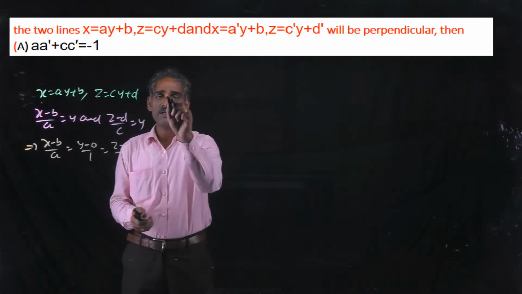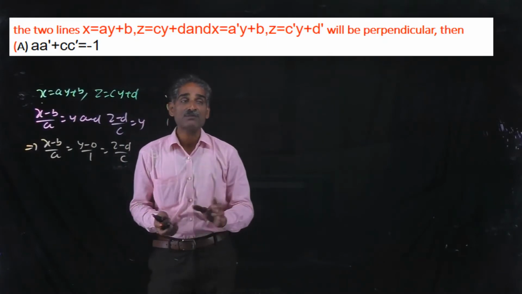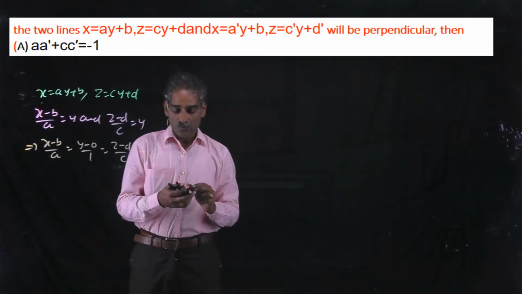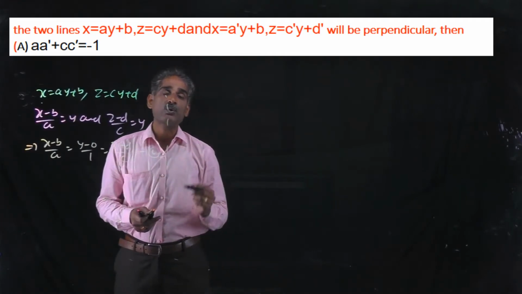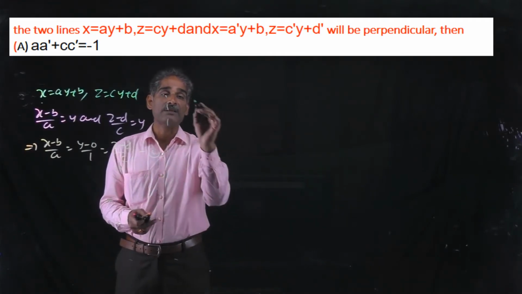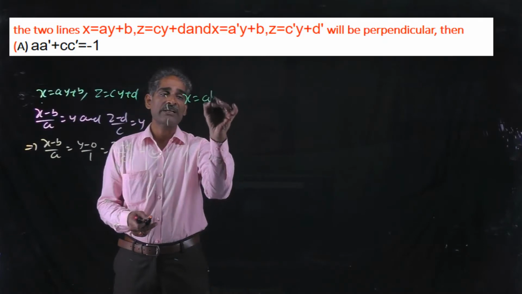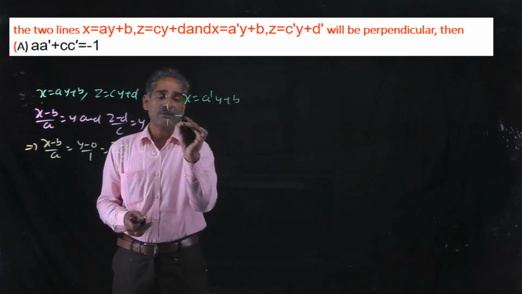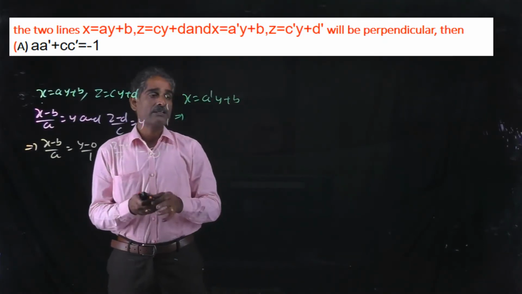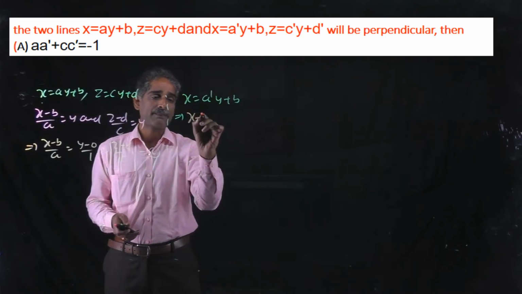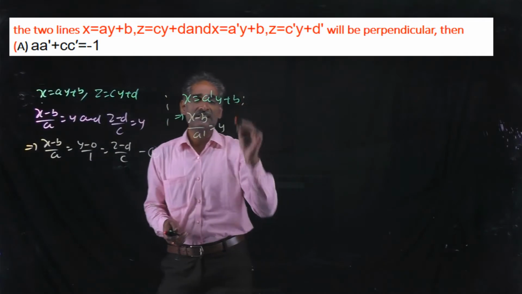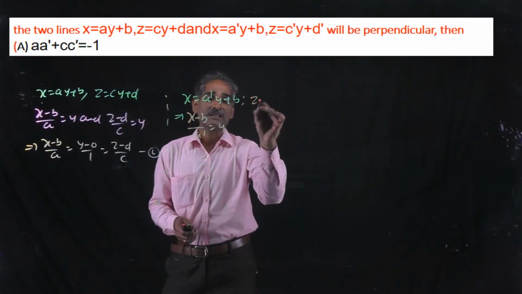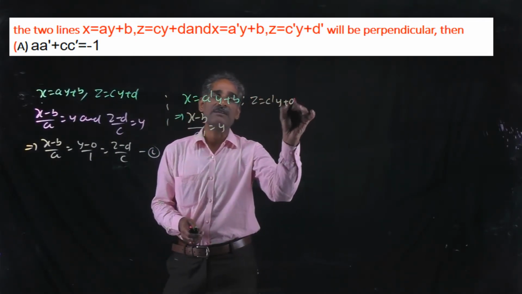Similarly, write down the second equation that is formed with the help of these two planes. What is the first plane? x is equal to a dash y plus b. From this we can write (x minus b) by a dash is equal to y, and the second equation of the plane is z equal to c dash y plus d.